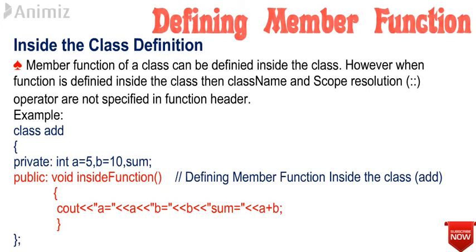Defining a member function inside the class is nothing but we have to declare a member function, and below that we have to write a program what the function has to do before closing the class program, that is before the semicolon.